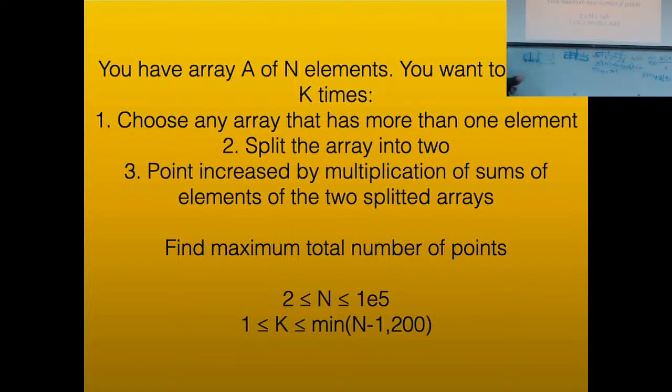Like let's say dp[k][i] is, if we only consider the suffix of i elements and we can make k more cuts, the problem becomes finding the minimum j such that the sum of elements from i to j times the sum of elements from j plus 1 to n, plus dp[k-1][j], is minimum or maximum.